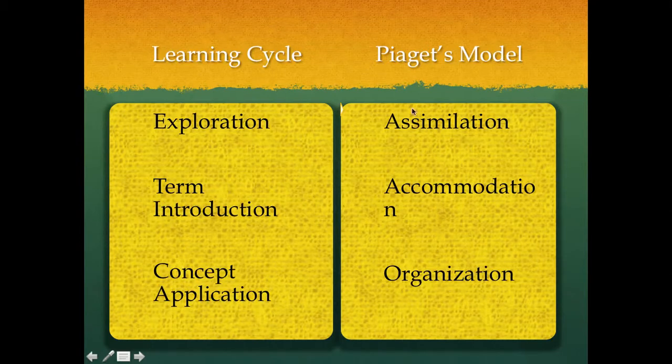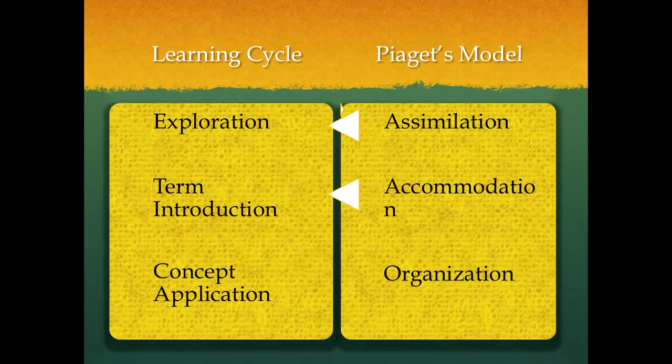So this way, students are going to learn. Based on this Piaget model, the learning cycle was invented. The assimilation is exploration. You need to have an exploration step where students can assimilate.